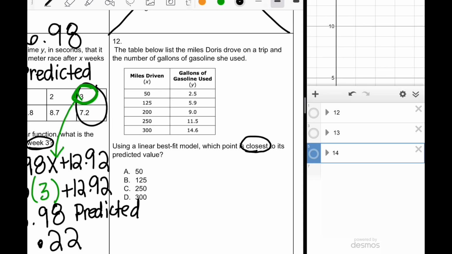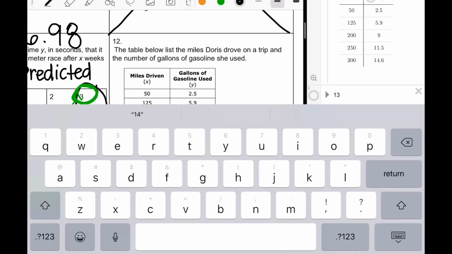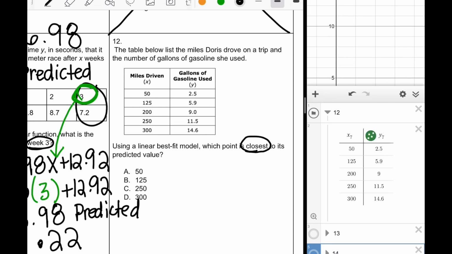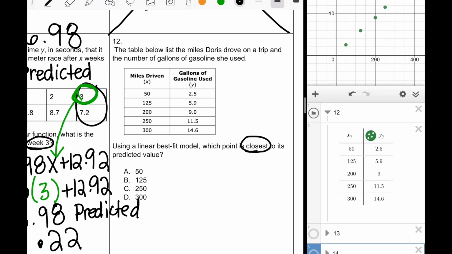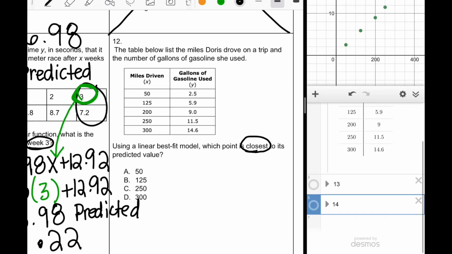Now, we can definitely plug in each one and see which one is closer. I have no problem with that. But I'm actually going to show you how to look at this on your table in Desmos. So I'm going to look at number 12. I'm going to turn 12 on, make it zoom fit, and we're using x7 and y7.